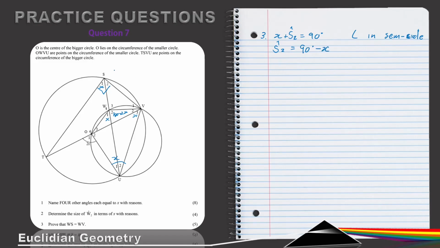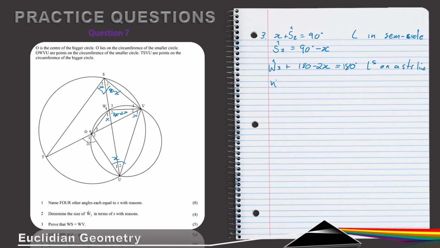Okay, and to solve for S2 we have 90 degrees minus x. Okay, now moving on, we want to find the other angle in terms of x. So we can find W3 in terms of x, and then with angles of a triangle we can find V1. Now the first thing we can do is, this is angles on a straight line, so W3 plus this 180 minus 2x must add up to 180 degrees because they are angles on a straight line.